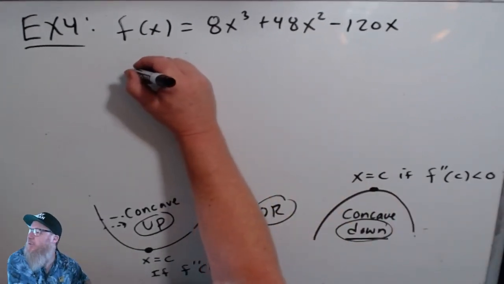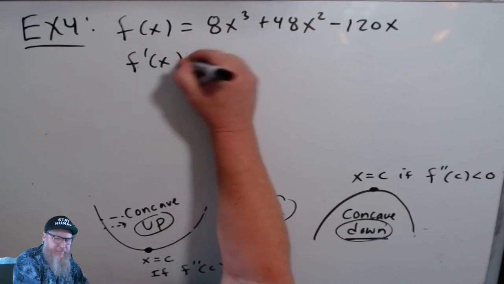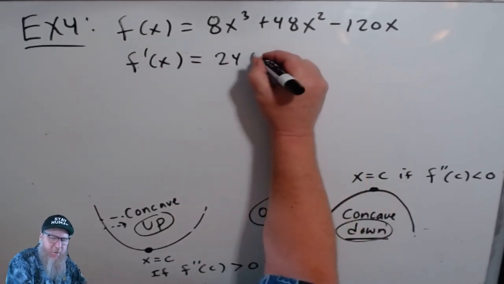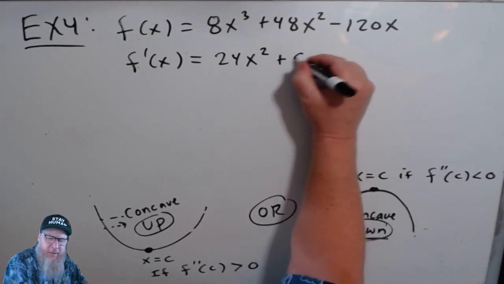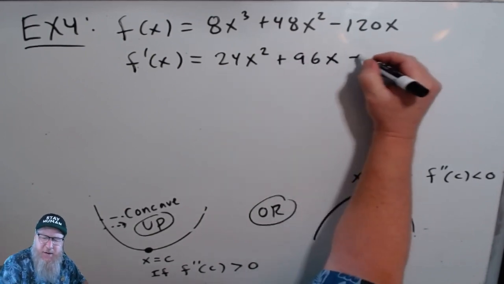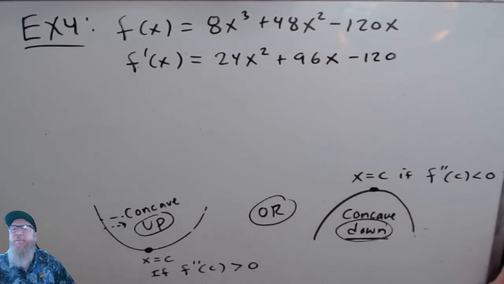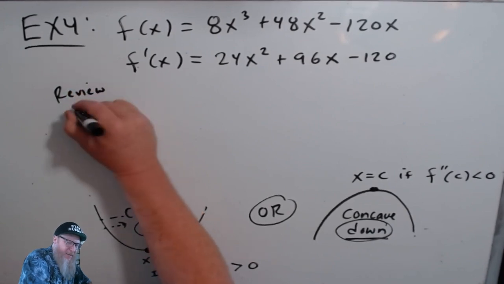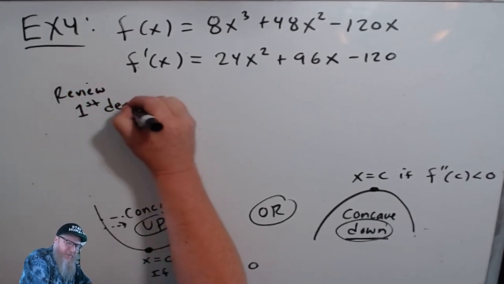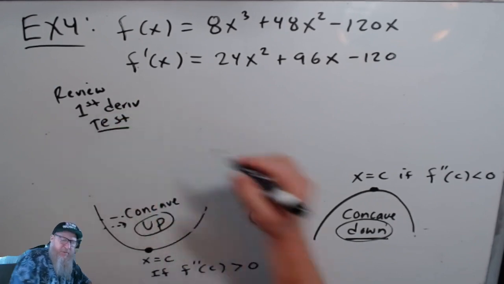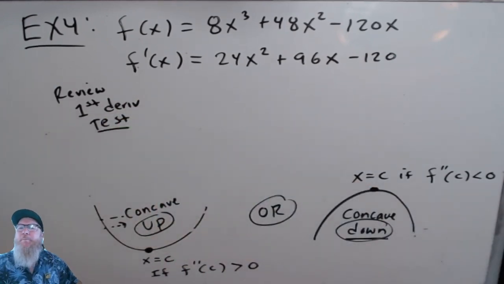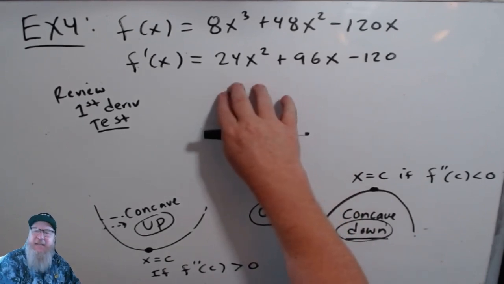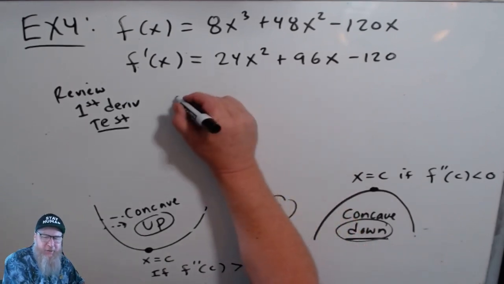So let's take the first derivative. We get 24x squared plus 96x minus 120. All right. Let's review the first derivative test. So the first derivative test, I would find the critical values.